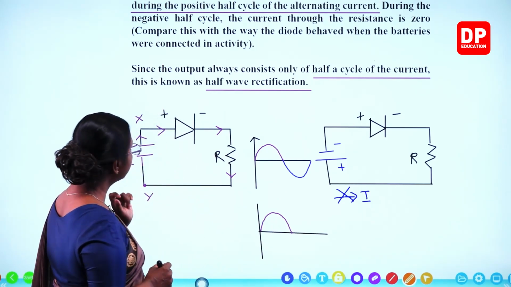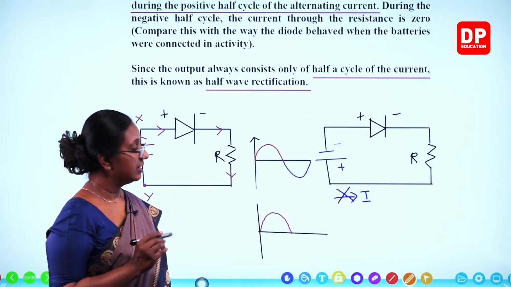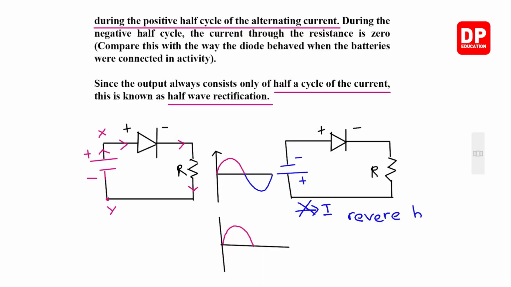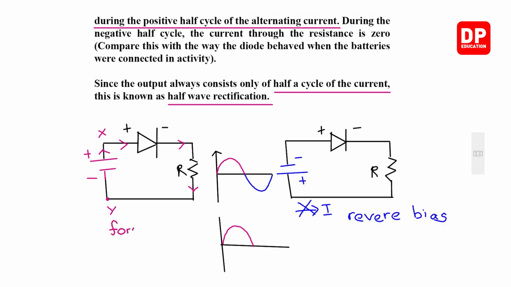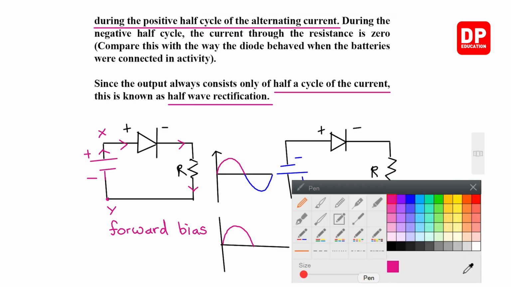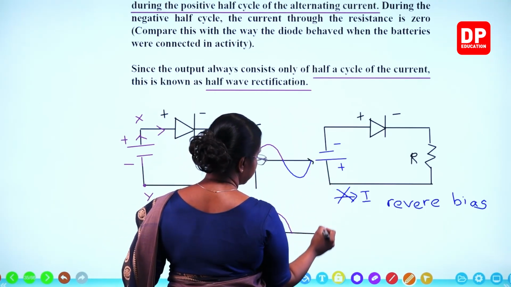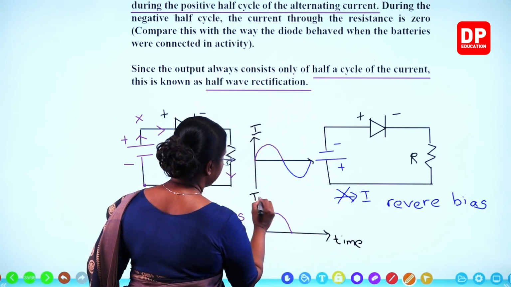So this is the forward biased instance. This is the reverse biased instance. Is that clear? So this is reverse bias, and this one is the forward bias. So here of course we have the current with time on this side, time, here also current.